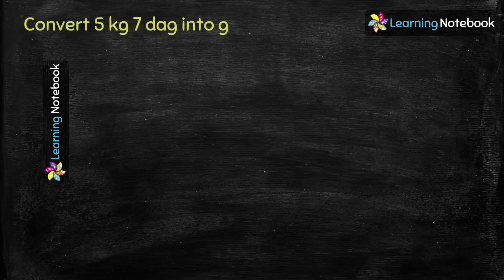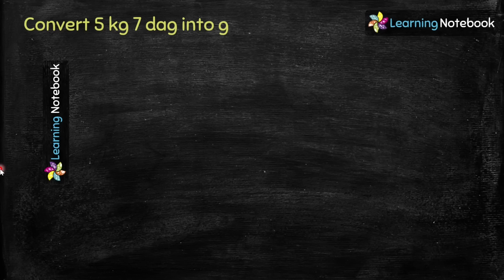Next question is, convert 5 kilogram 7 decagram into gram. So here students, we have to convert 2 units into gram. One unit is kilogram and second unit is DAG, which is decagram.